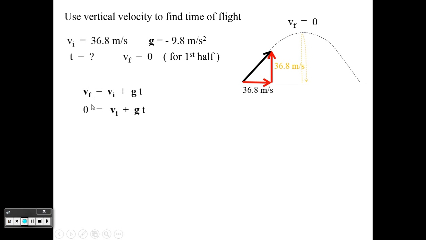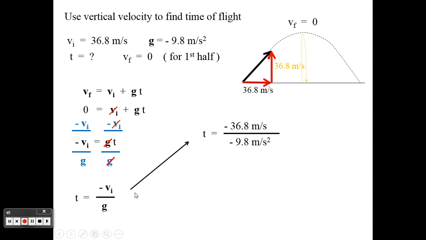Plugging in my 0. Remember, I want to solve this for t, to find the time that it's in the air. So 0 plugging in for final velocity, subtracting out the v sub i, dividing out the g, gets me to this expression.